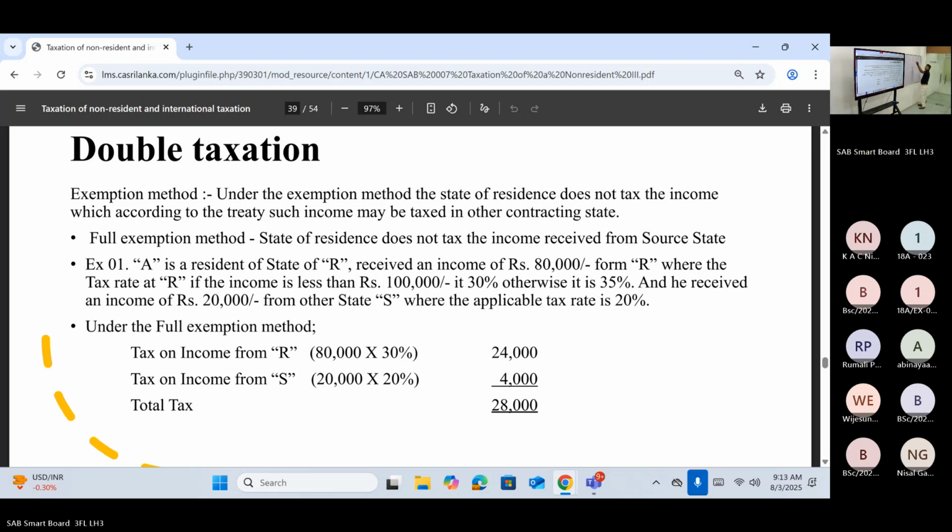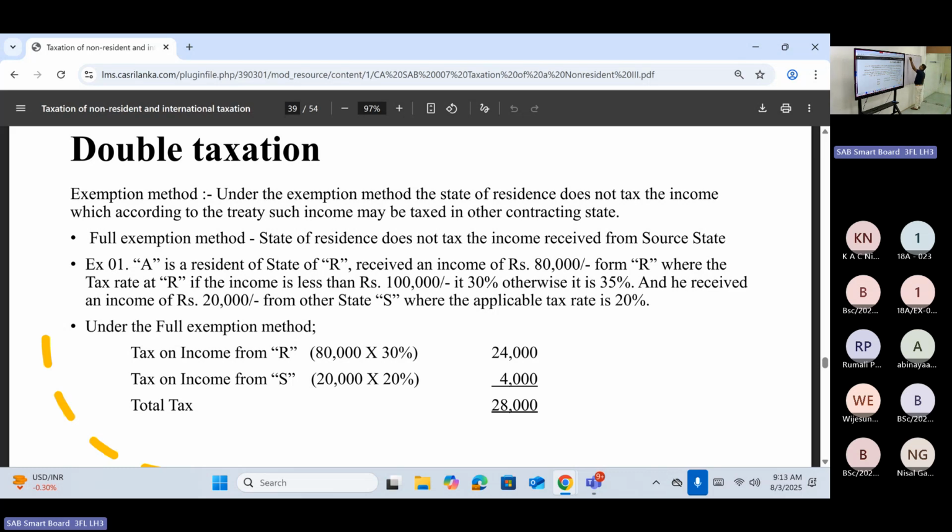The tax rate at R, if the income is less than 100,000, is 30%.